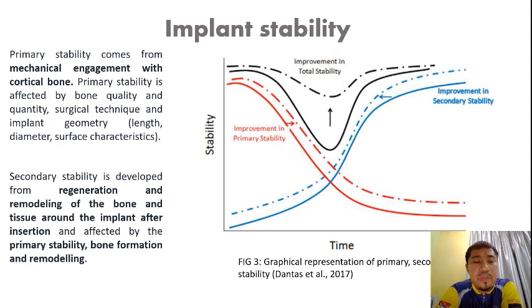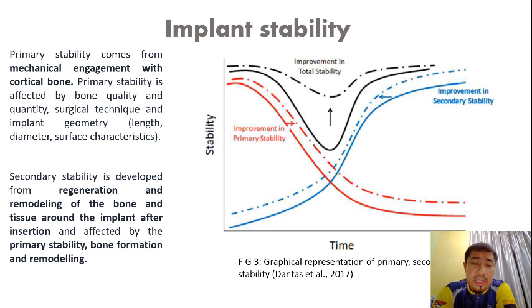Primary stability is basically the first day of mechanical engagement with cortical bone, and that refers to the bone quality, the surgical techniques, and also the implant geometry, that refers to the diameter, the shape of the implant or the design of the implant, and also the surface characteristics as well as the material of the implant.